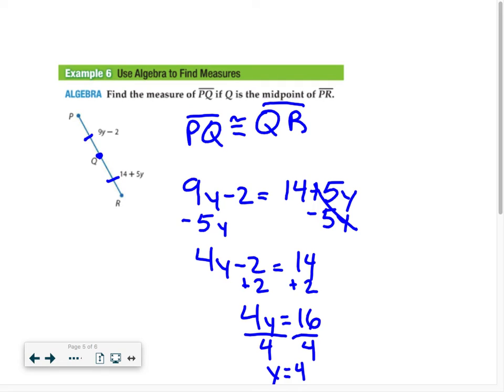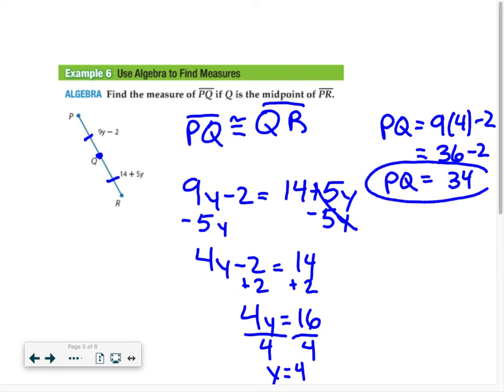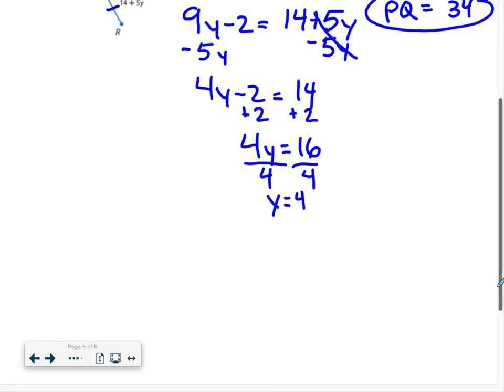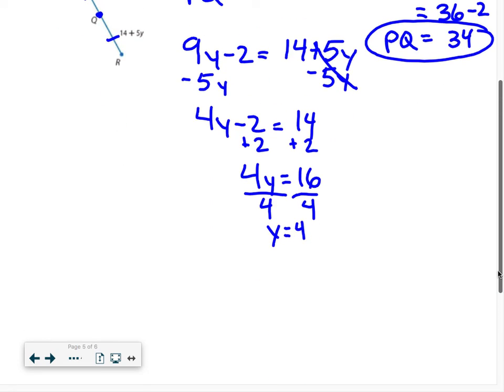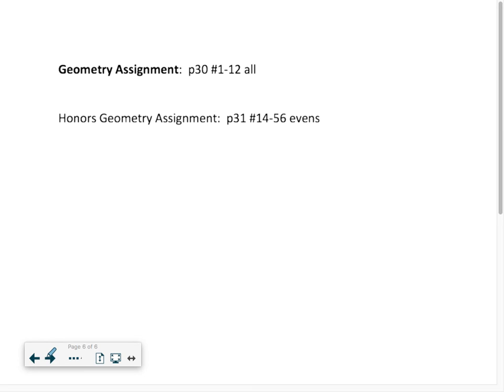Okay, so then to find the measure of PQ like we were asked, we plug in 9y minus 2, where y was 4. 9 times 4 is 36, minus 2. You get that PQ is 34. Okay. The next problem you'll have to set up, or occasionally you might have to set up the number line, but that's how that type of problem will go.